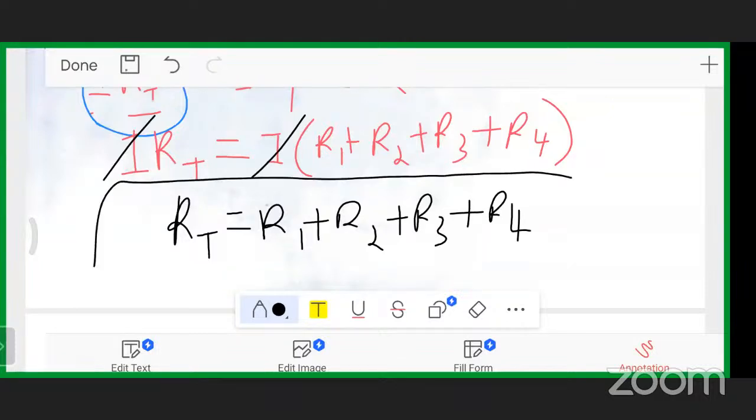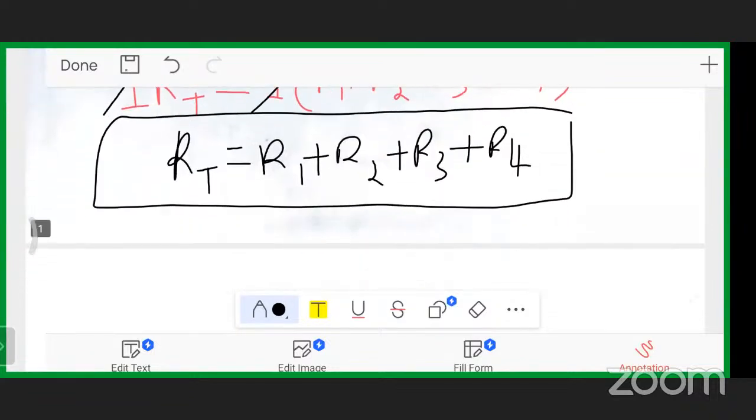Now, what is important? What does it tell us? If you have resistors connected in series, then the total, effective or equivalent resistance is obtained by adding the individual resistances of all the resistors in that circuit, just the sum. So if there are 4 resistors, just add their resistance. If there are 10, you add them like that.